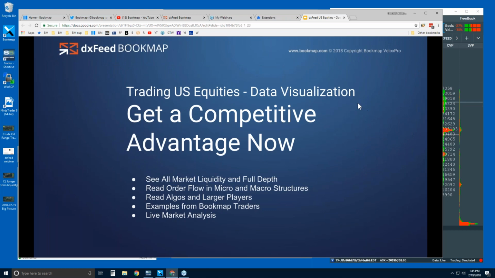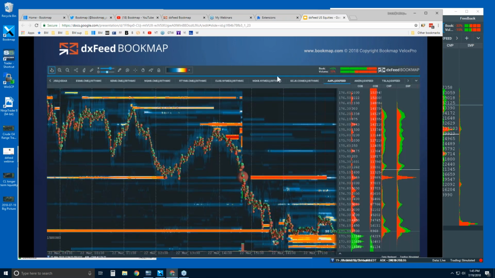And that competitive advantage. Following up here and reviewing, the advantage you're going to get immediately is with that full depth, being able to see, because it's recorded, that micro and macro structure and the algos and the larger players.